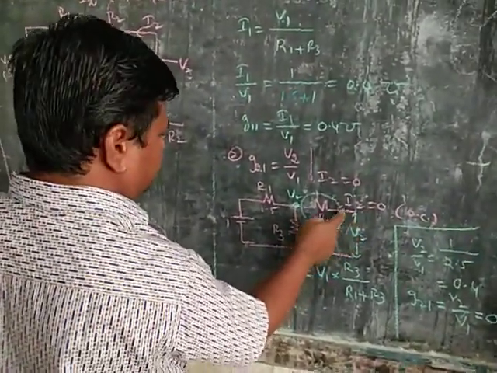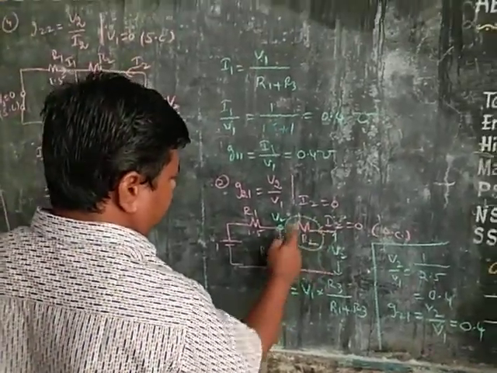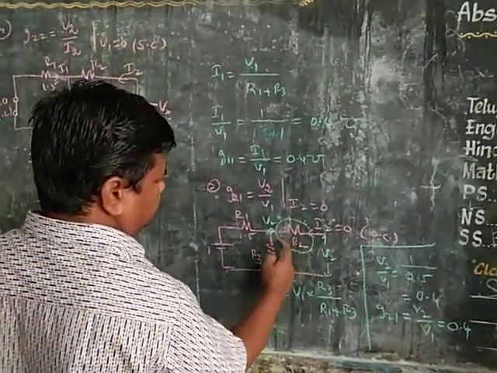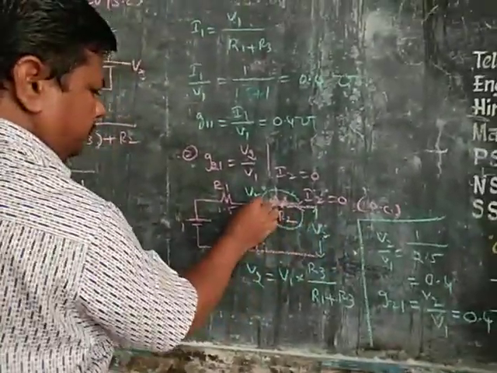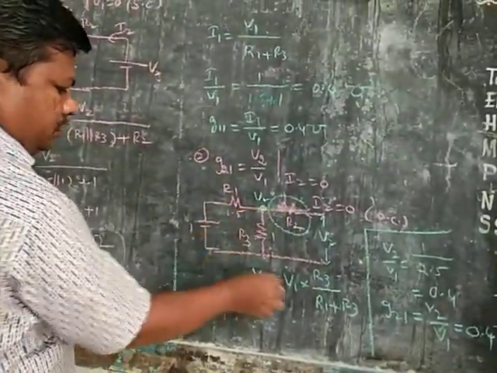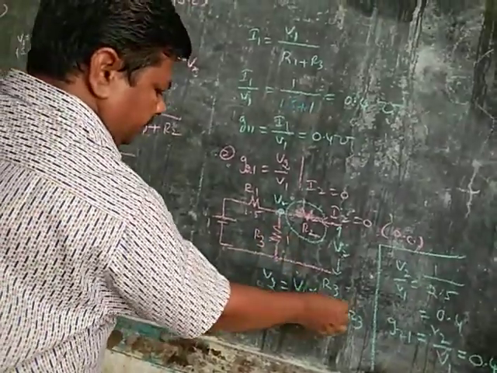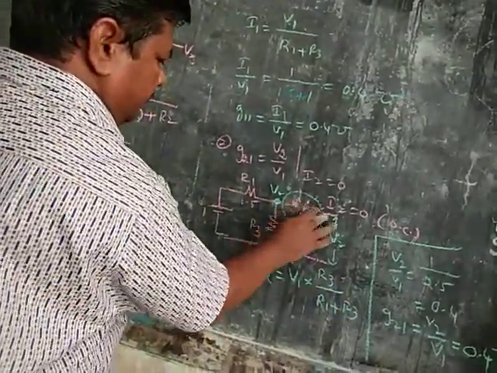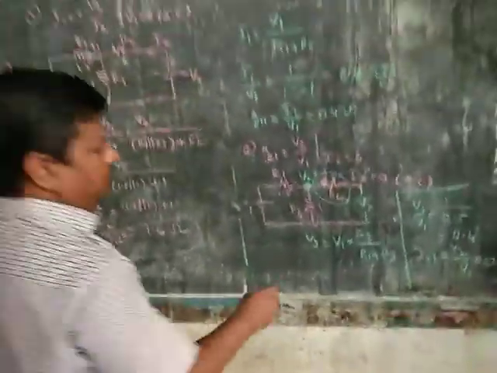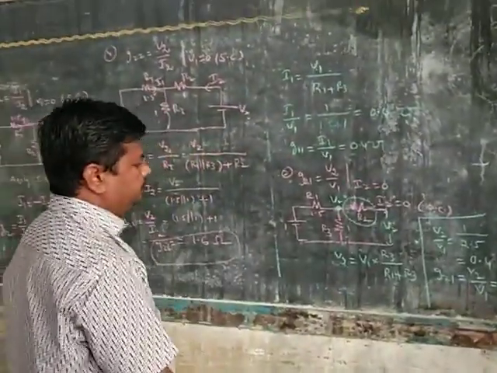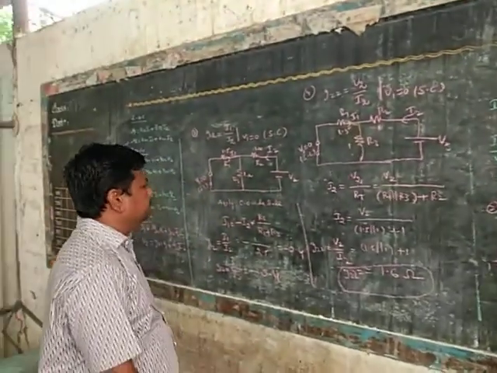Whenever I2 is equal to 0, no current flows through the R2 resistor, so it behaves like a short circuit. Here V2, here also V2. Then by voltage divider, V2 is equal to V1 into R3 by R1 plus R3. Whenever no current flows through a resistor, it behaves like a short circuit. That is the concept.